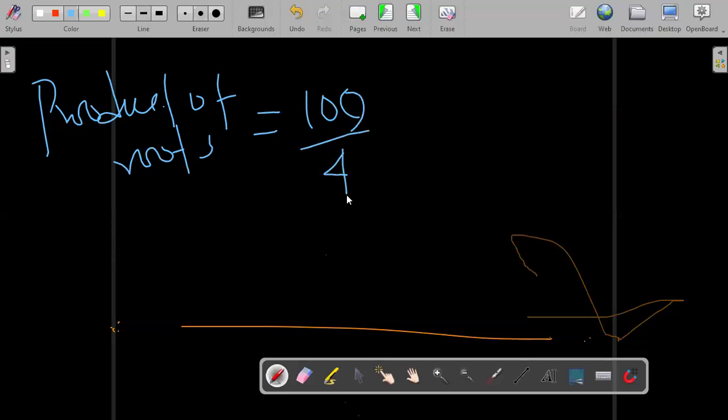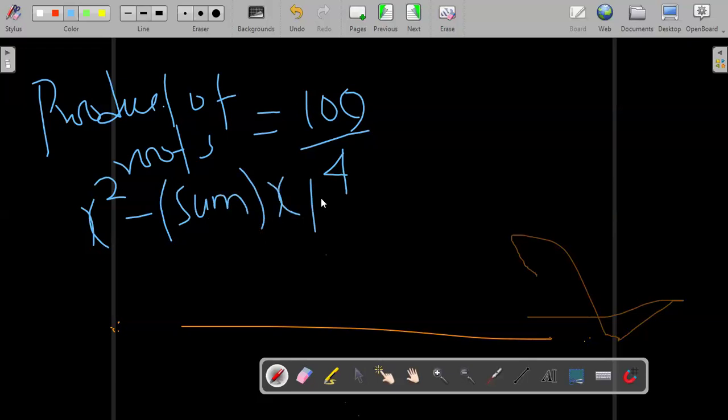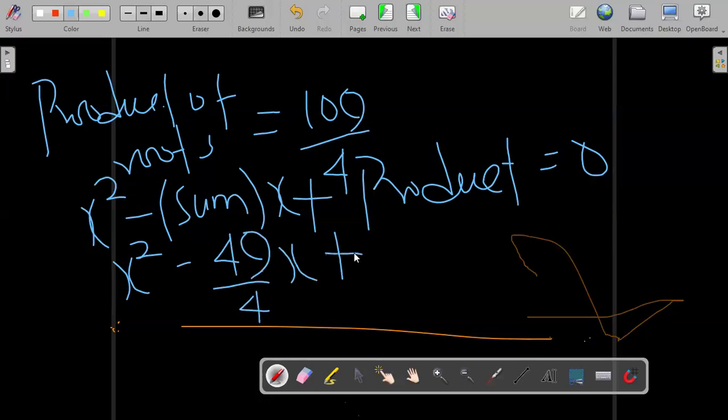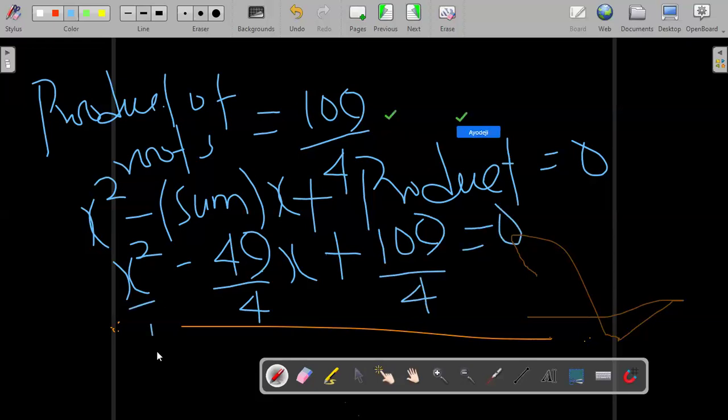So now that I've gotten the sum of roots and product of roots, let's substitute it into the formula. x squared minus sum x plus product is equal to 0. I'm having x squared minus 49 over 4 x plus 109 over 4 is equal to 0. So here is over 1. I can take LCM.